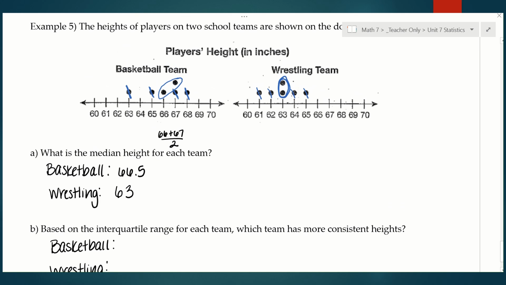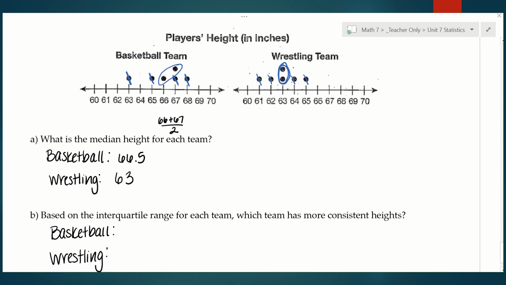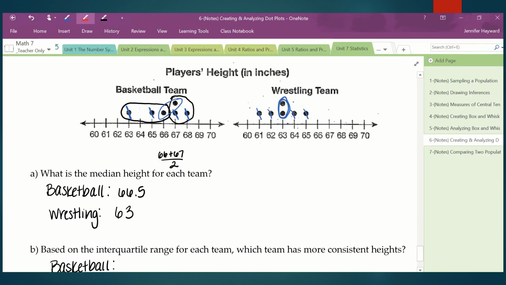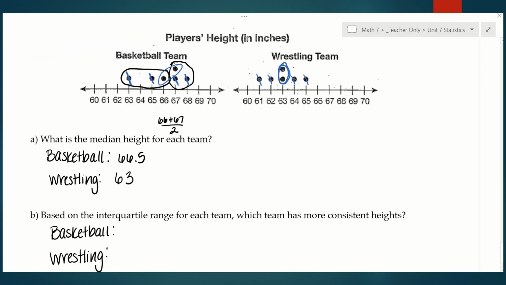All right, so let's go back to our dot plots, and we need to split our data in half. This should be a little easier because there's not as many points here. So I am going to be looking at these 3 versus these 3. Okay, so when I'm crossing off, I can see that I have 3 on either side.